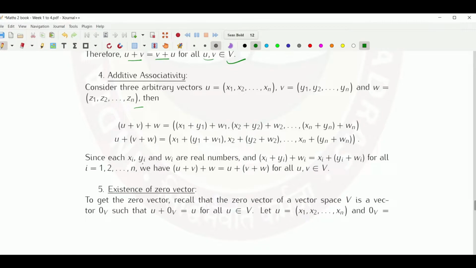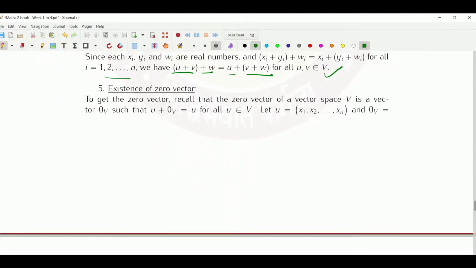Since each xi, yi and wi are real numbers and (xi plus yi) plus wi is equal to xi plus (yi plus wi) for all i from 1 to n, we have (u plus v) plus w is equal to u plus (v plus w) for all u, v, w belonging to V. So it satisfies additive associativity also. Let's check the fifth one, existence of zero vector.